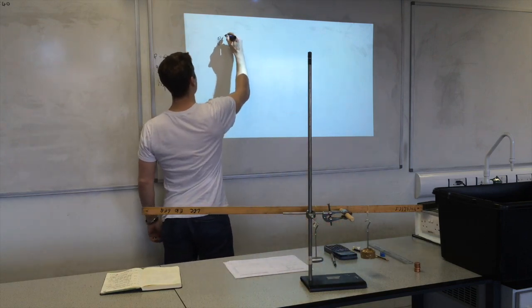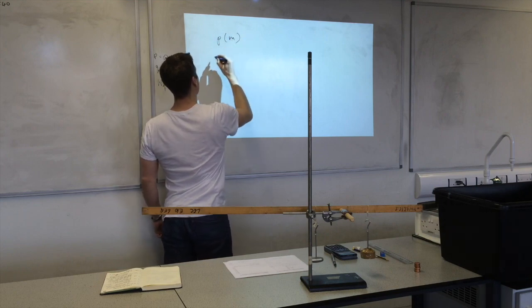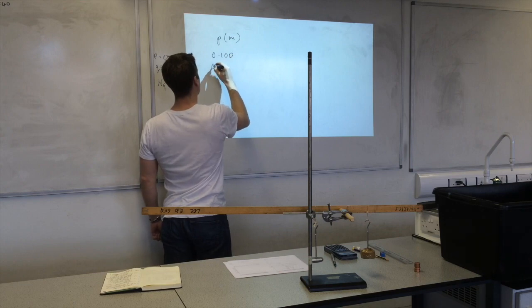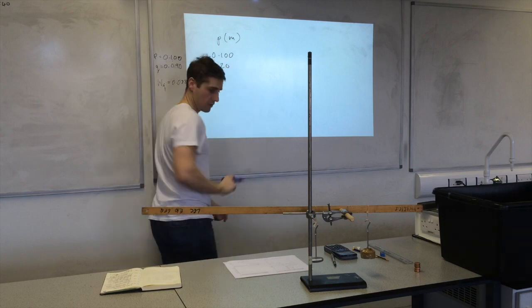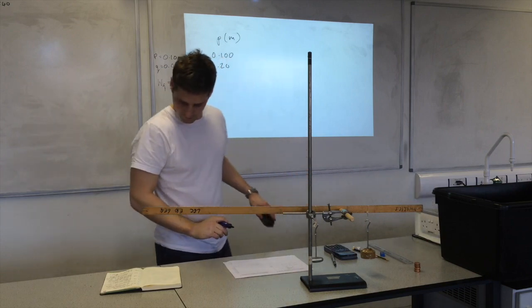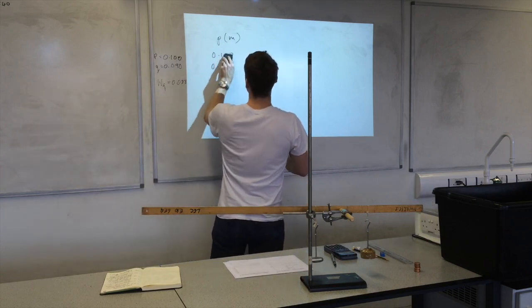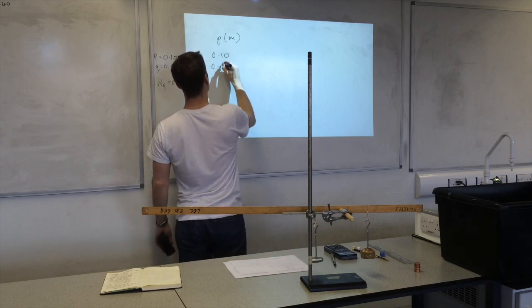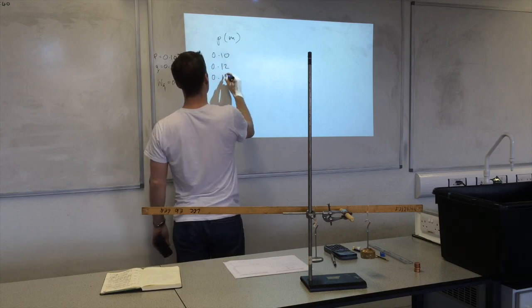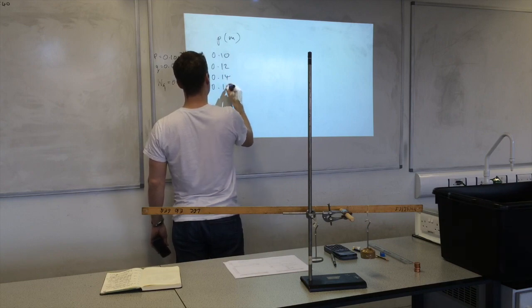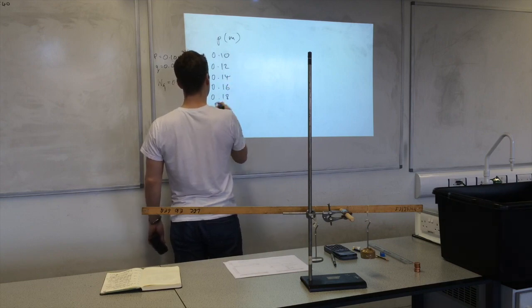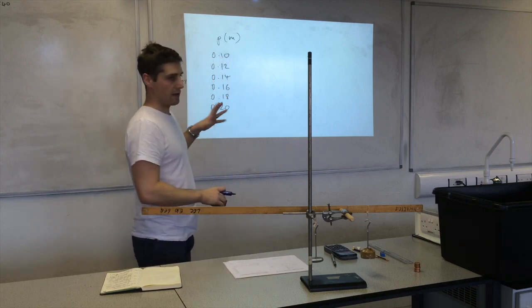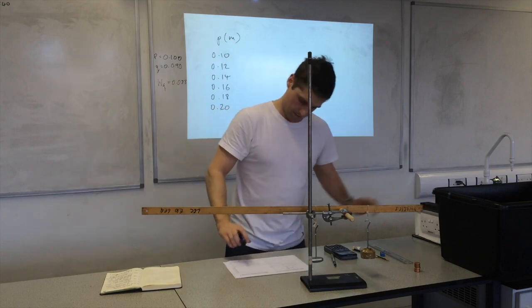So we're going to have P, and it's going to be 100. Okay, we've got 6 readings going up in 2, so that's okay.